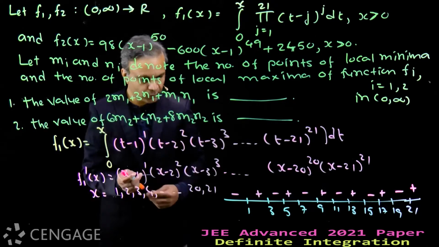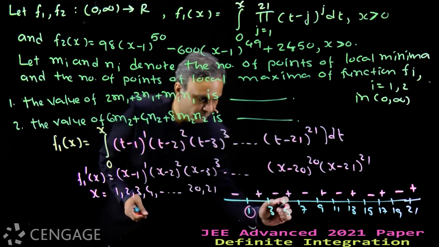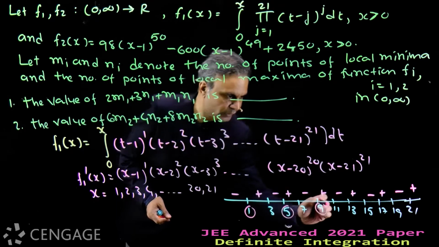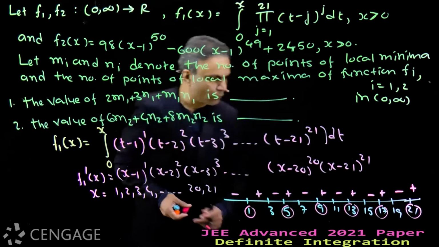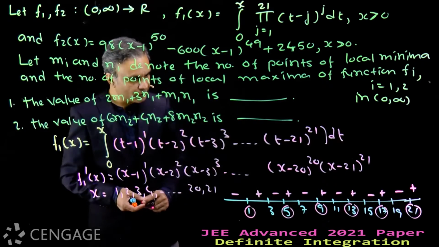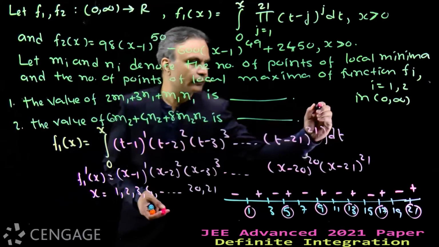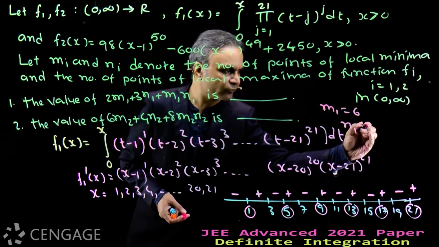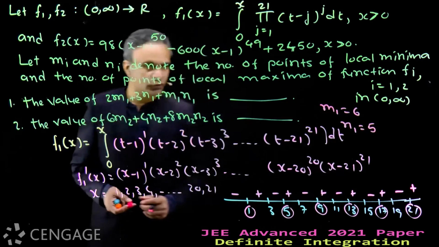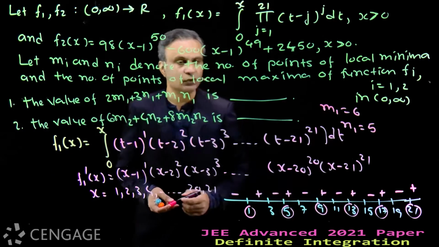So the points 1, 5, 9, 13, 17 and 21 will be points of minima. We have here 6 points of minima, so the value of m1 is 6 and the value of n1 will be 5. There will be 5 points of maxima: 3, 7, 11, 15, 19 are points of maxima.